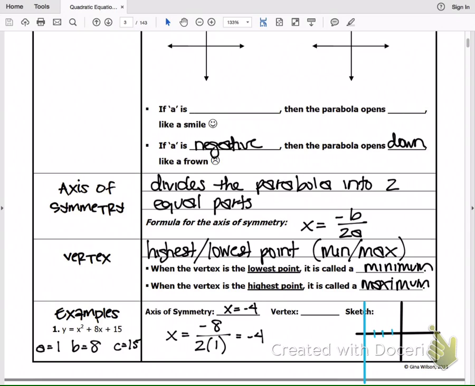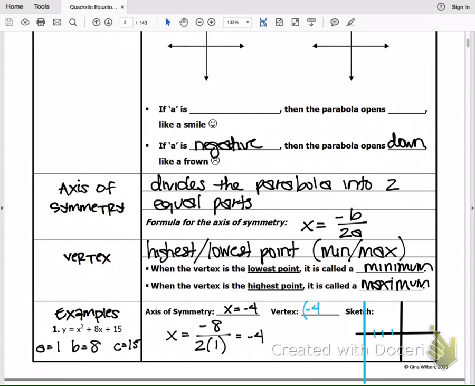What's the vertex? The vertex is either the highest or the lowest point on the U. So what we have here, the vertex is always on the axis of symmetry somewhere. Okay? So what we have now is the x point of the vertex is -4. It shares the x value with the axis of symmetry always.